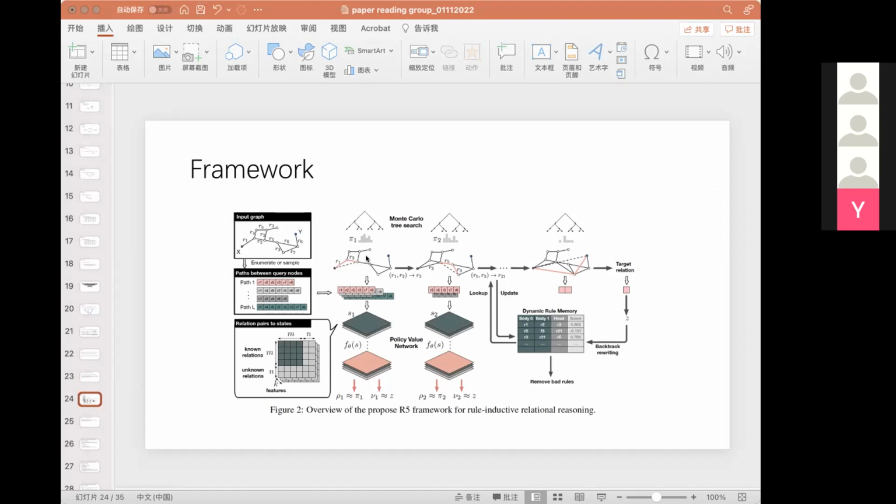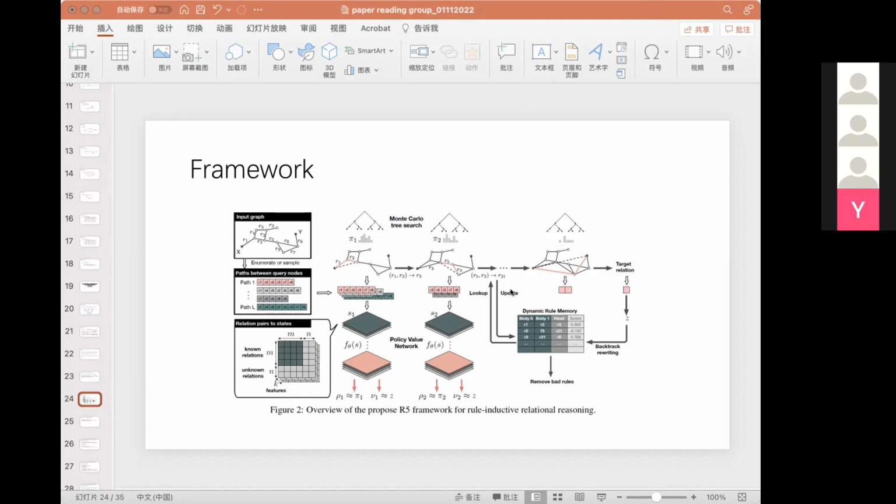The idea here is that it will first transform a relation graph into a set of paths connecting the query nodes. This is the first step. After that, it will recurrently apply the learned rule in order to merge a relational path until the final relation only includes a single relation.